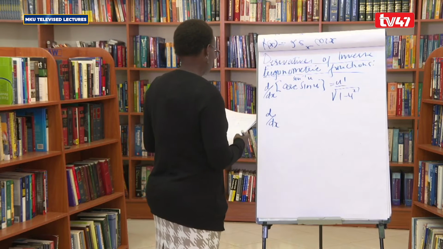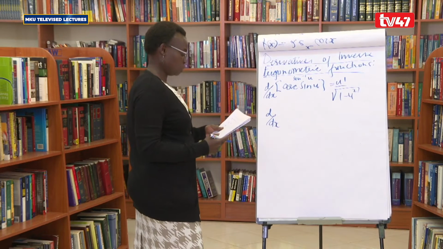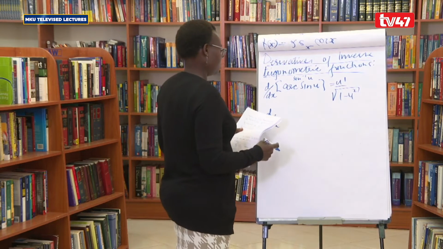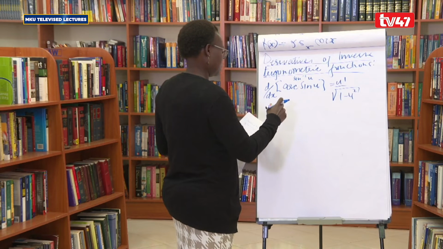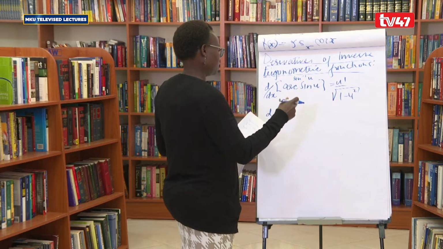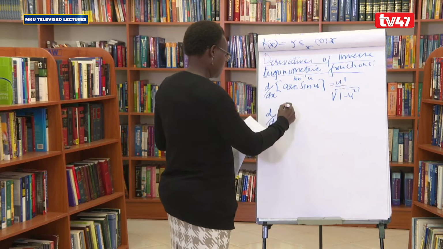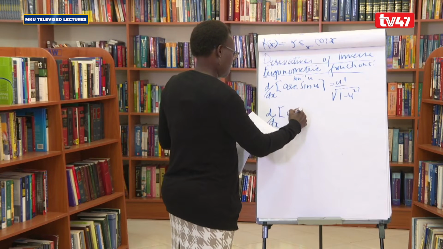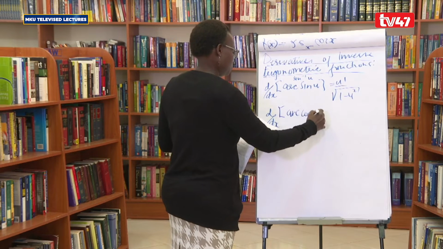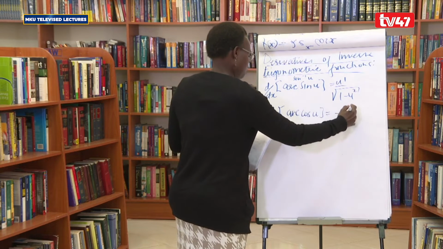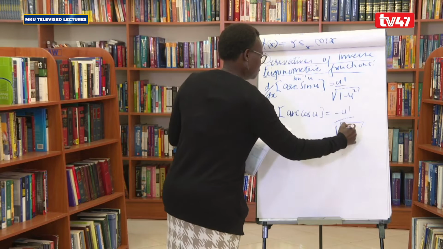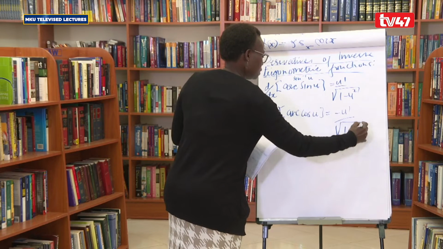Of course, we are talking about u being a differentiable function of x, or u is differentiable at x. D over dx of arc cos u is negative u bar over root of 1 minus u squared.